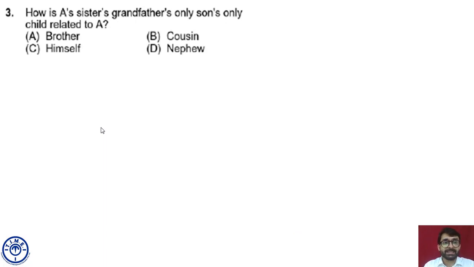How is A's sister's grandfather's only son's only child related to A? A's sister's grandfather, that means A की बहन के दादाजी. Now the grandfather can be maternal or paternal.